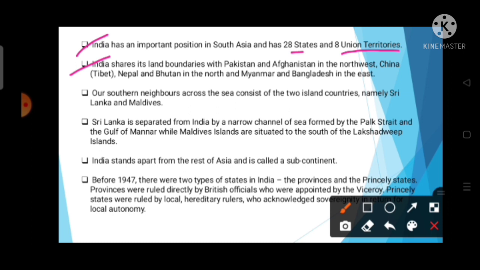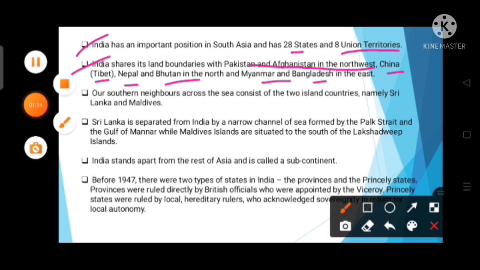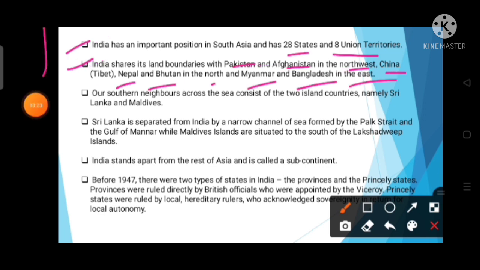India shares its land boundaries with Pakistan and Afghanistan in the northwest. That means Pakistan and Afghanistan lie in the northwest of India. China, Tibet, Nepal and Bhutan are in the north of the country, and Myanmar and Bangladesh in the east of the country. Bangladesh is the country which shares its largest boundary with India.